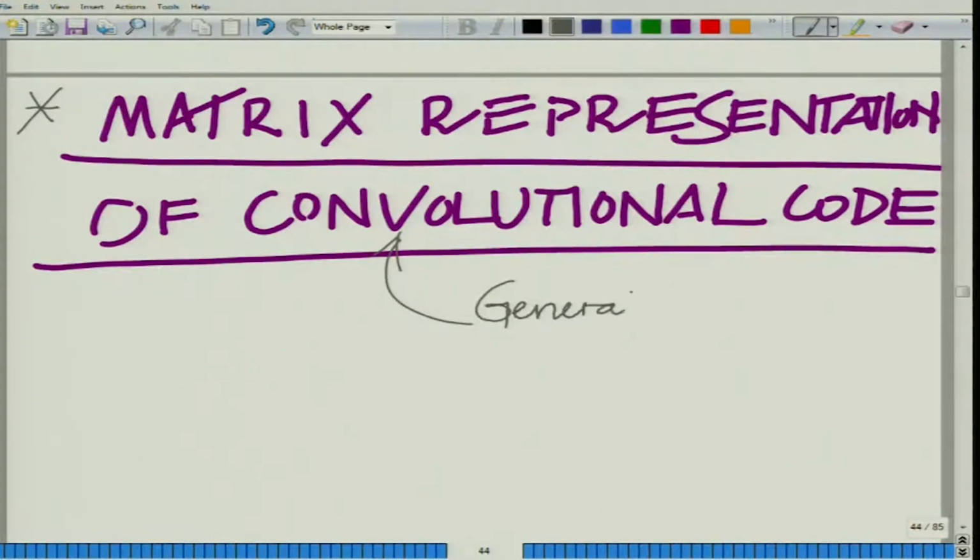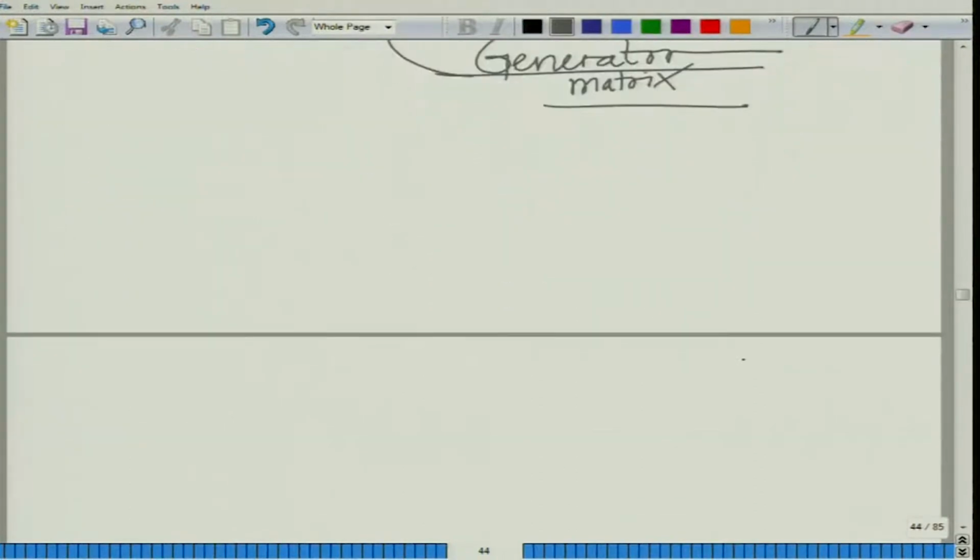View it as a linear operation, and form what is known as the generator matrix for this convolutional code. Now, consider the input bit sequence again, as usual.